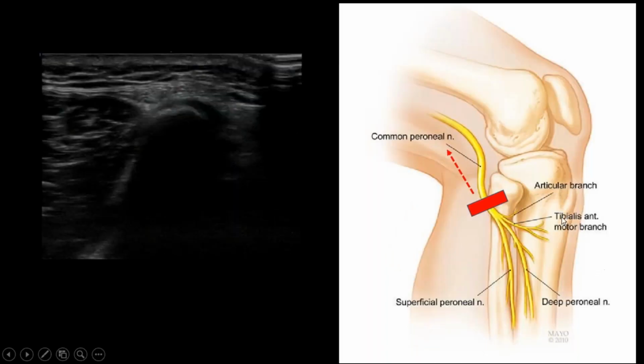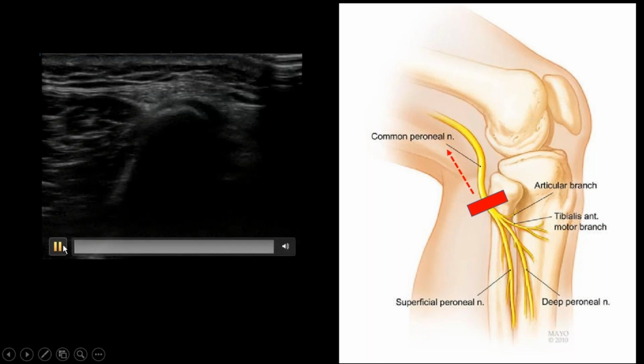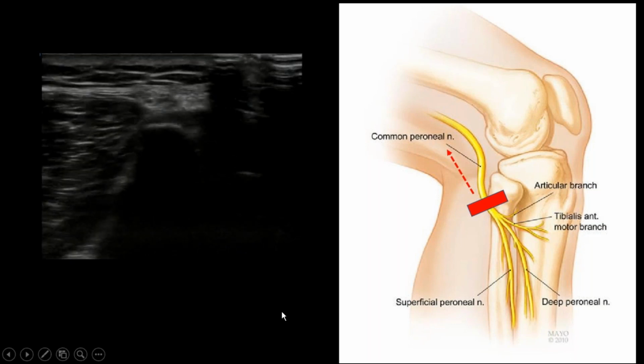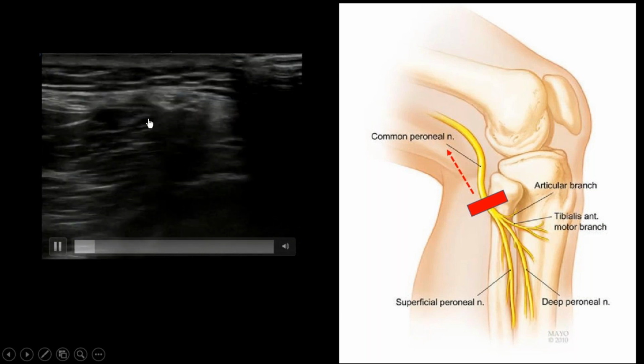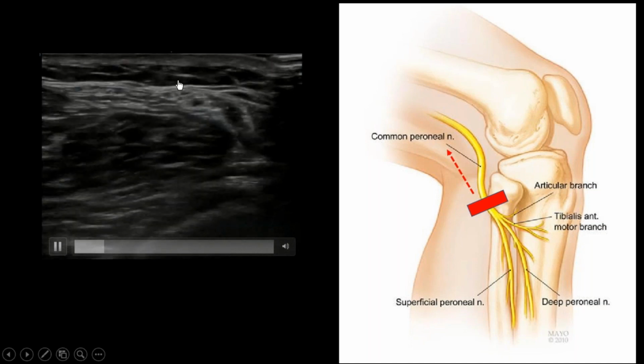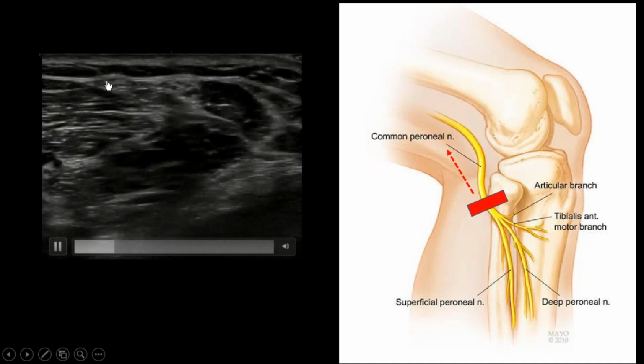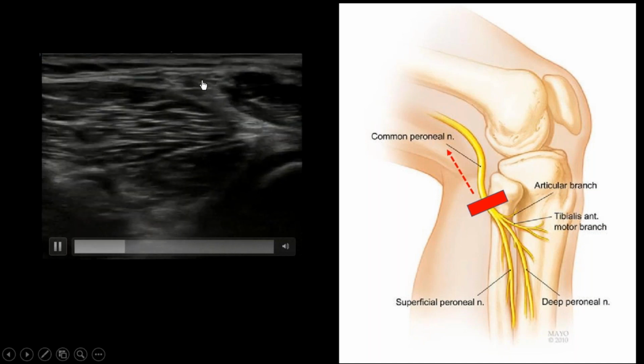Now let's scan the nerve. Let's start from the fibular neck where we see the peroneal nerve and go proximally to see the peroneal nerve joining the tibial component and forming the sciatic nerve. So that's the peroneal nerve. Now I'm going proximally, and that's the sural communicating branch. It joins that.